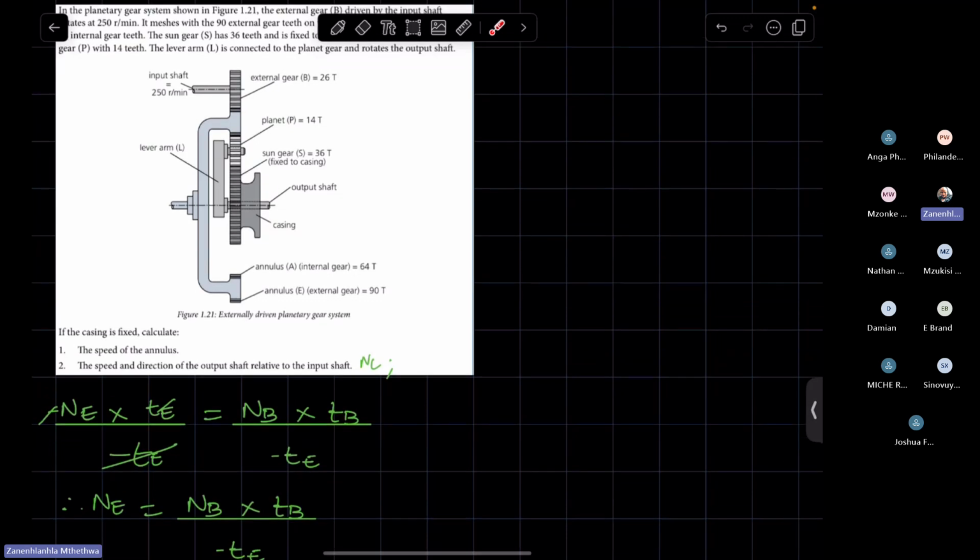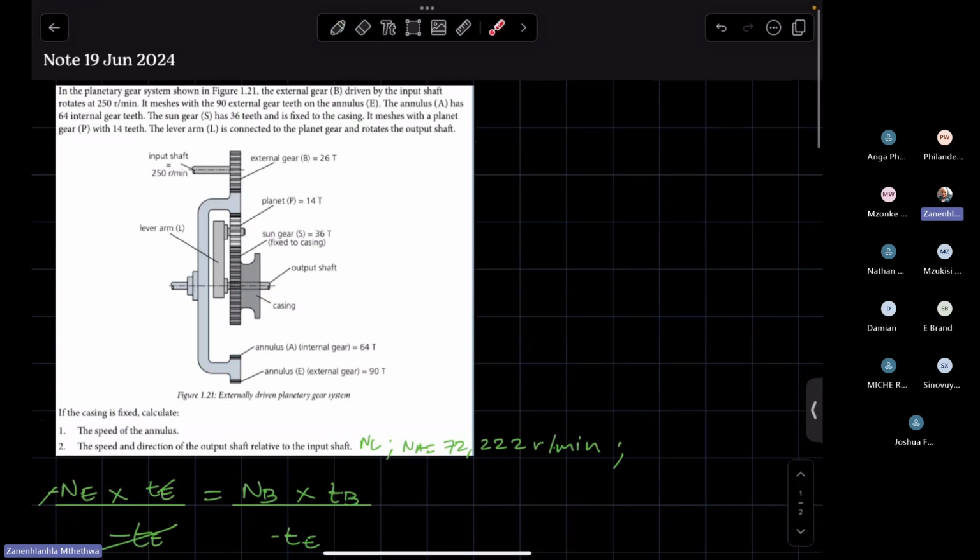At this point you would have used NA. So essentially it's NA, that is, what is this? 72.222 revs per minute.